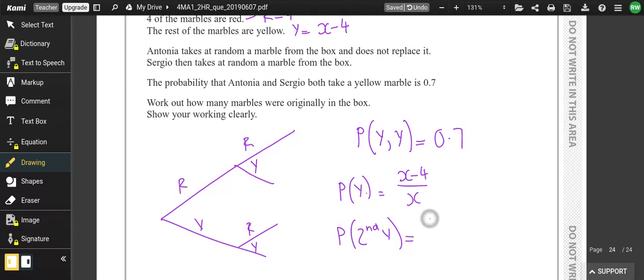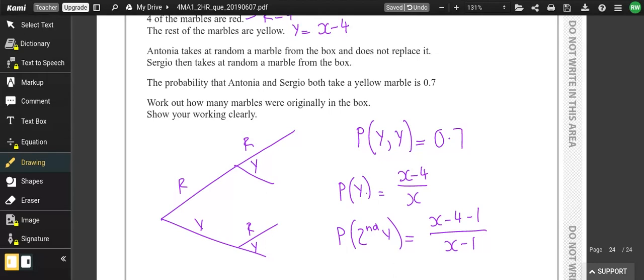So x minus 4 minus 1. We've got one less yellow, and we have one less marble overall, so I'm going to call that x minus 1. So the first yellow is x minus 4 over x, and the second yellow is x minus 5 over x minus 1.